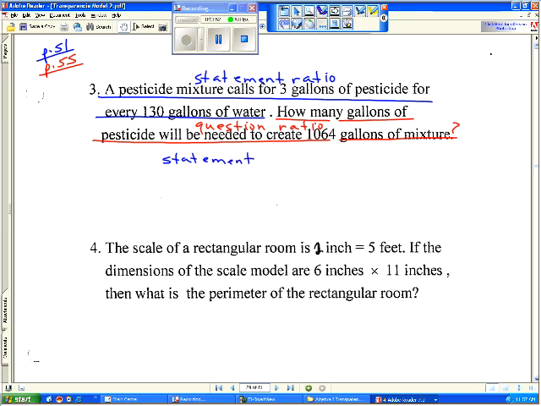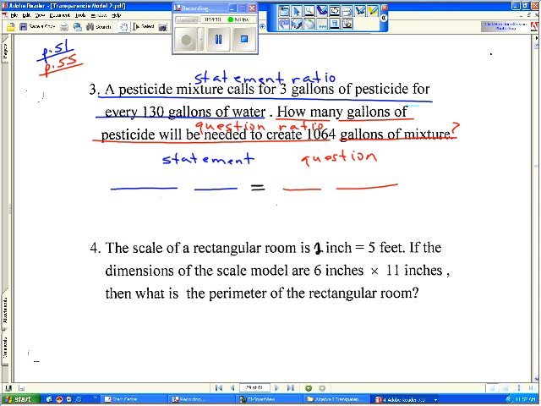Because we know that we have a statement ratio and we have a question ratio. Each one is a comparison of 2 items, and a proportion is 2 comparisons of 2 items, or, according to the algebra book definition, an equation stating that 2 ratios are equal.